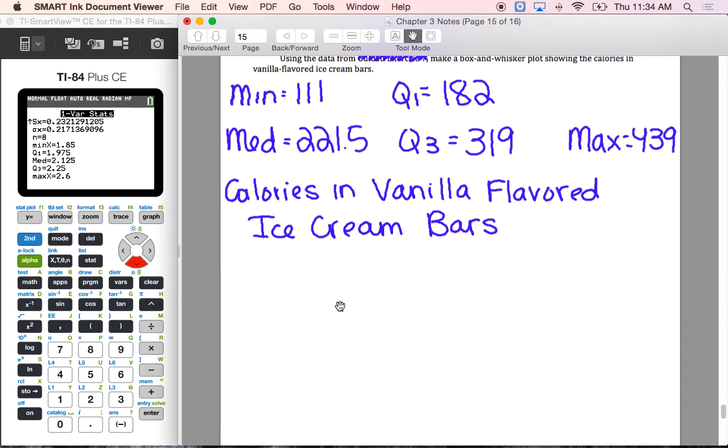You're going to take your 5-number summary and plot those 5 points. You do not plot them on the number line you're going to draw, but you are going to draw a number line.